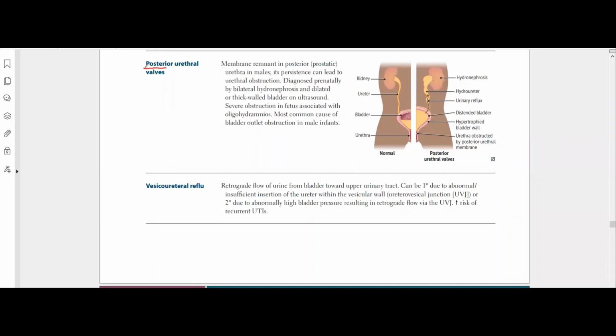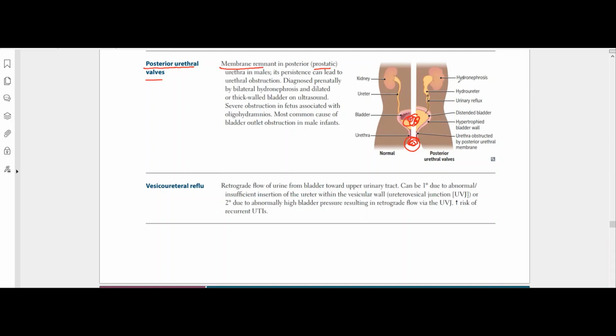So the posterior urethral valve is a membrane remnant in the prostatic urethra, and it will lead to urethral obstruction here. When the urethra is obstructed, there is retention of urine in the bladder, and it will back up toward the kidney.